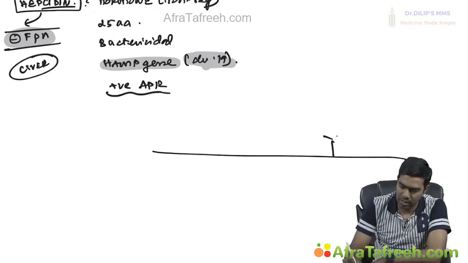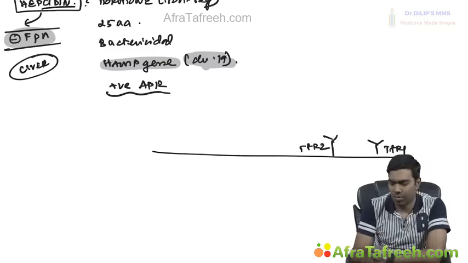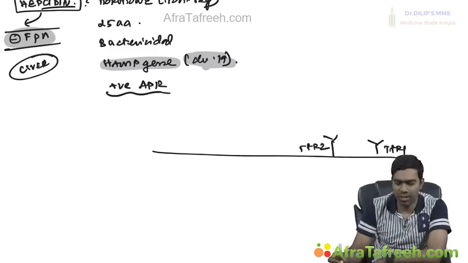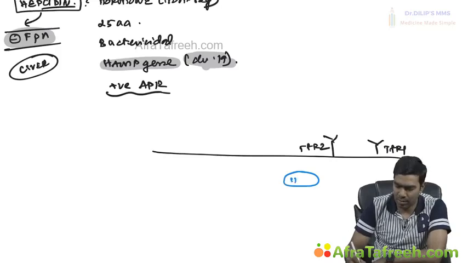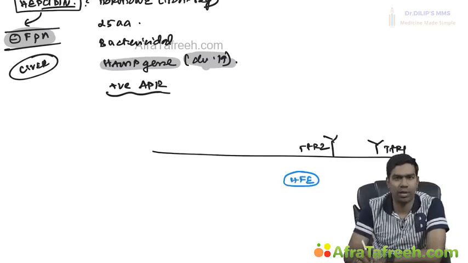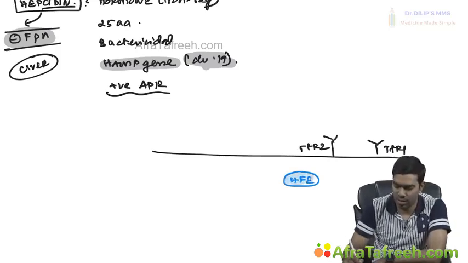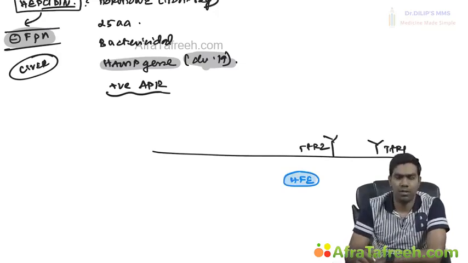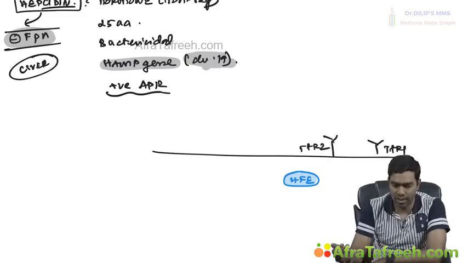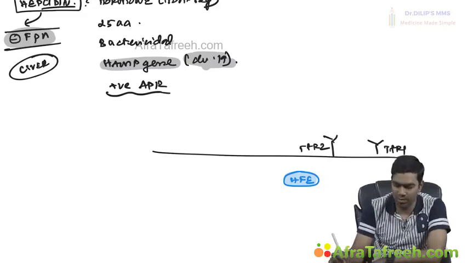You have transferrin receptor 1, you can write TFR1, and you have transferrin receptor number 2. Remember, there is another protein within the hepatocyte. This is called the HFE gene product, otherwise simply referred to as HFE protein. It is coming from the HFE gene separately. I'll tell you what is the importance of the HFE gene product.